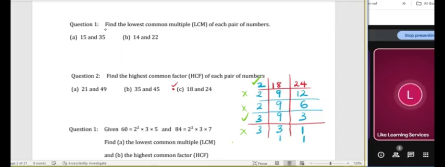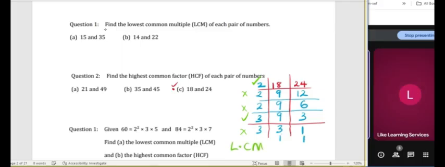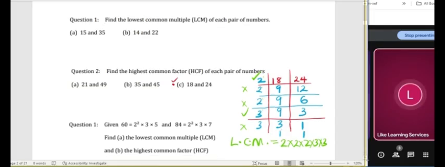So for LCM, you multiply out everything. That is everything: 2, 2, 2, 3, 3. That is 2 times 2 times 2 times 3 times 3, isn't it? What would that give you?